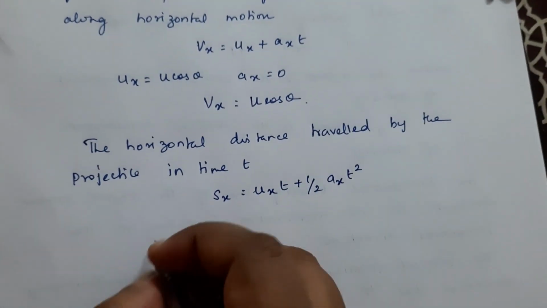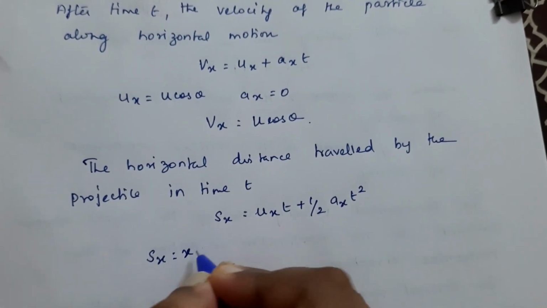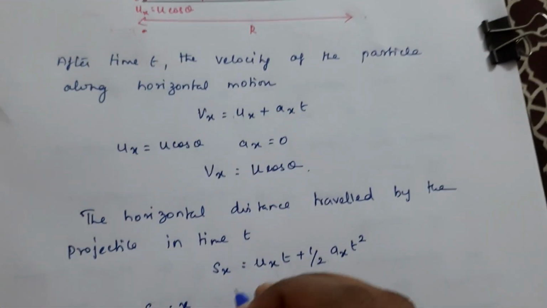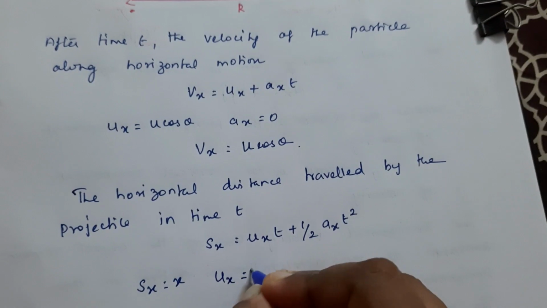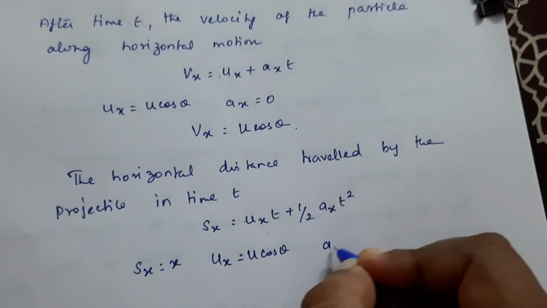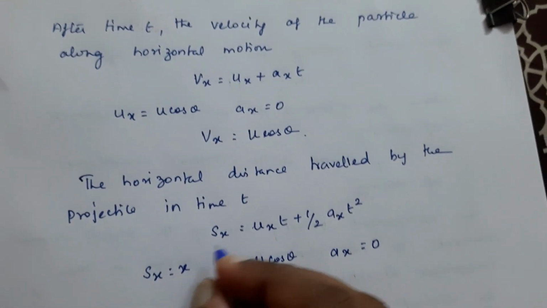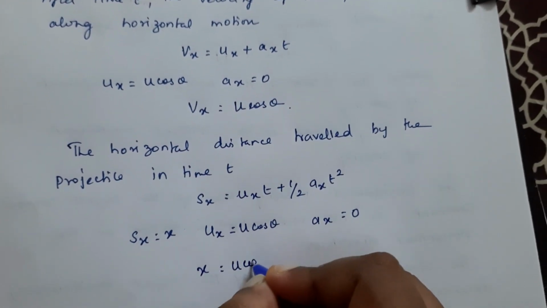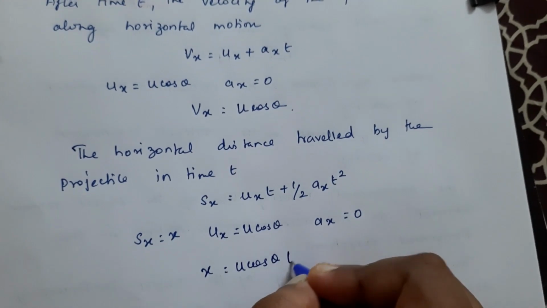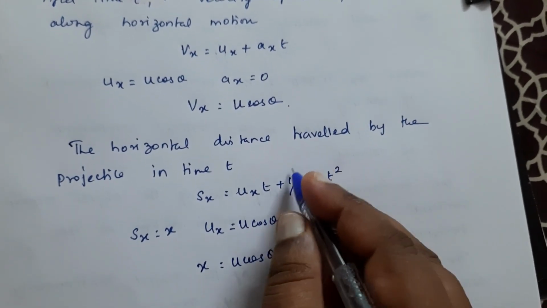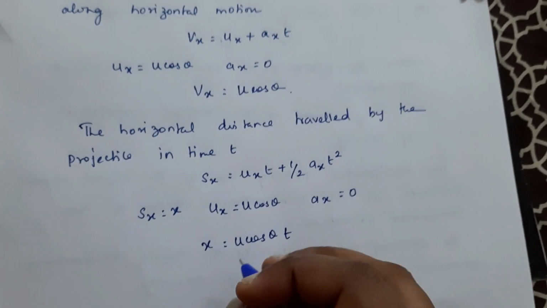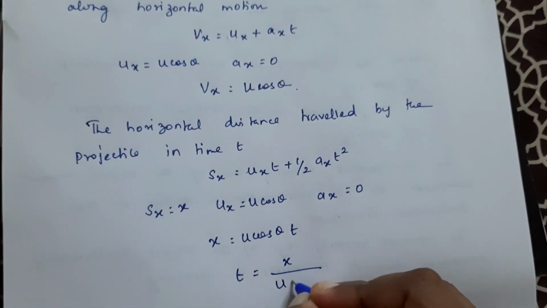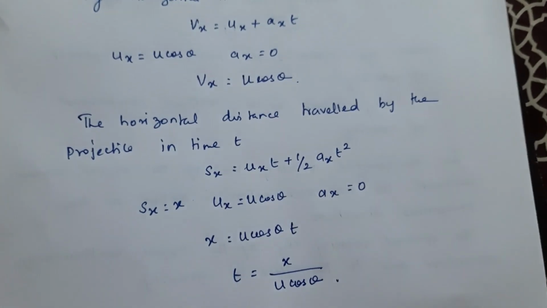Here Sx is x, the horizontal distance. Ux is equal to u cos theta and ax is equal to 0. Substituting this in the equation, x is equal to u cos theta into t plus this term becomes 0. So what is t from this equation? t is equal to x by u cos theta.